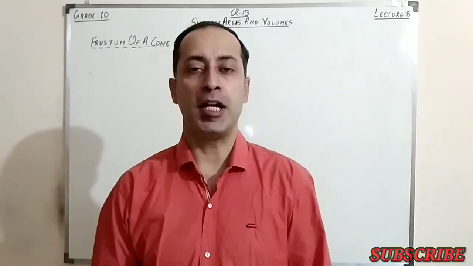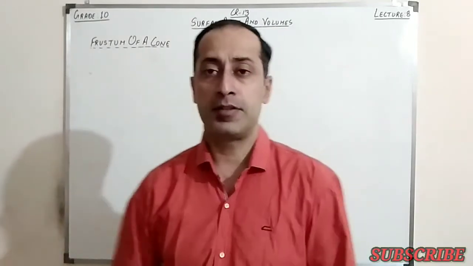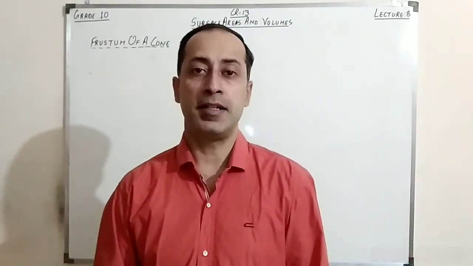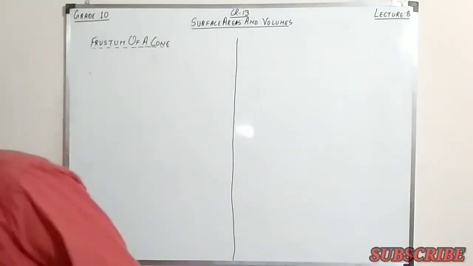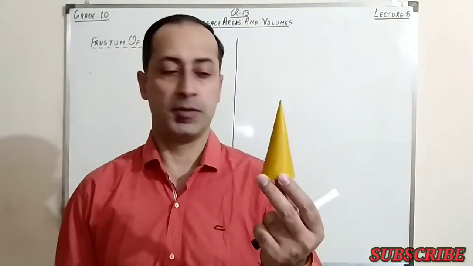Today we are going to study a very new object, which is called the frustum of a cone. Before we talk about the frustum of a cone, let's understand the frustum. We have already studied the cone. This is the shape of the cone.